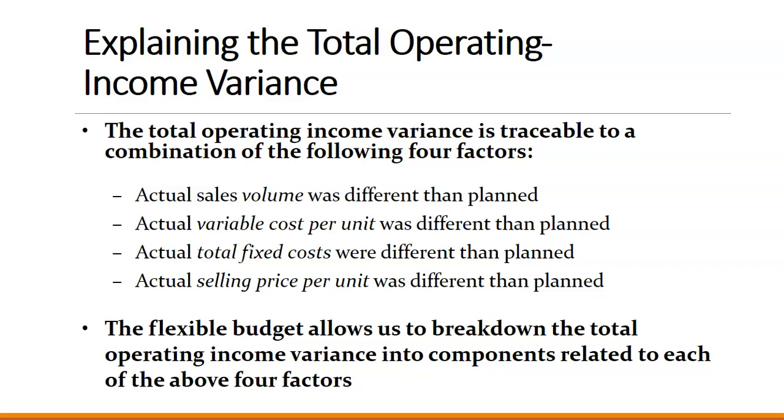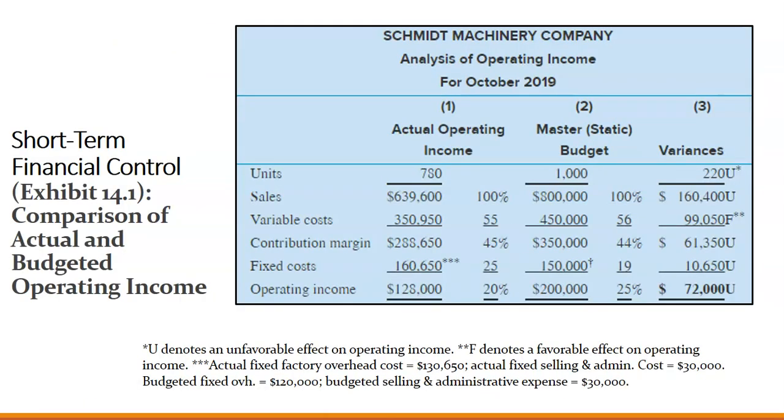If we look at this flexible budget, this allows us to look at the components related to each of the above 4 factors. If we go back to our original static budget, we can see that the total percentage or contribution margin between the actual and the master is different.